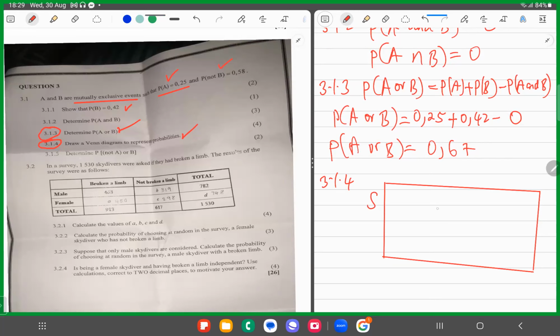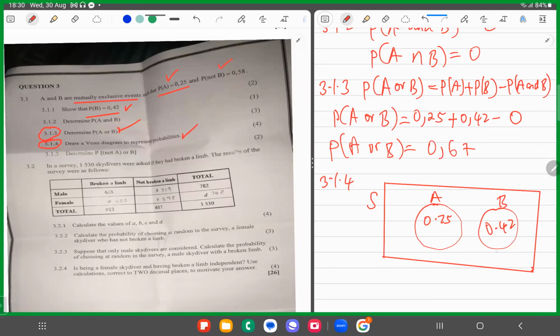So you have one region with the probability of A, and then the probability of B. The probability of A here is 0.25. And then the probability of B is 0.42, which we already got in the previous question. And then the probability inside must be 1. Everything must be 1.